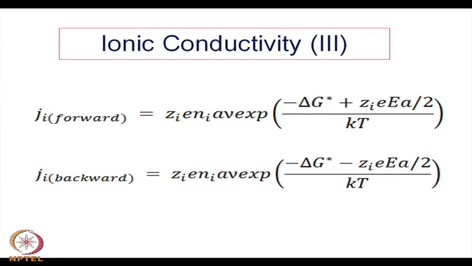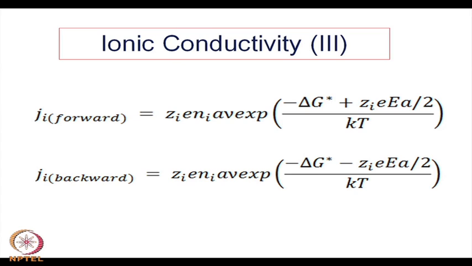The flux of the ith species, the number of ions moving forward per unit area, that is the forward direction flux, can be expressed as Z i. These expressions have already been considered earlier.